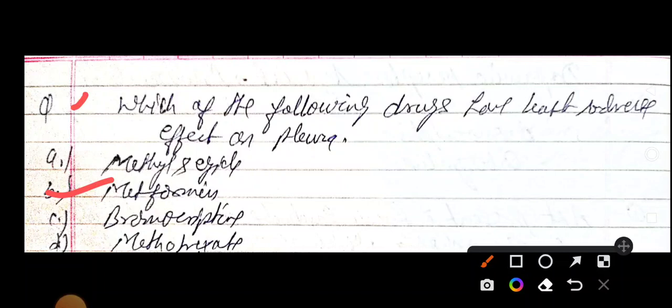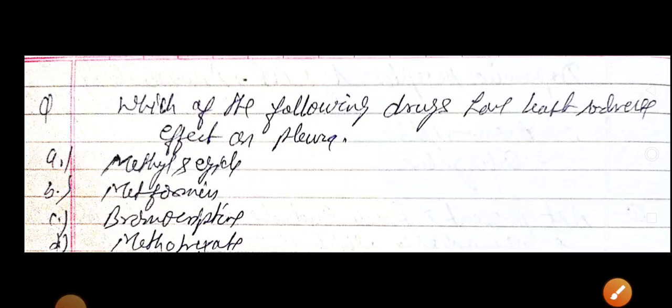And what other drugs also cause it, like nitrofurantoin, amiodarone, these drugs also cause fibrosis, okay. Like gold, amiodarone, these cause it. But what is important about metformin? Metformin causes vitamin B12 deficiency, megaloblastic anemia, neuropathies, but does not affect pleura, okay.